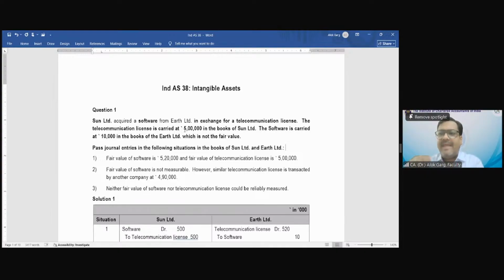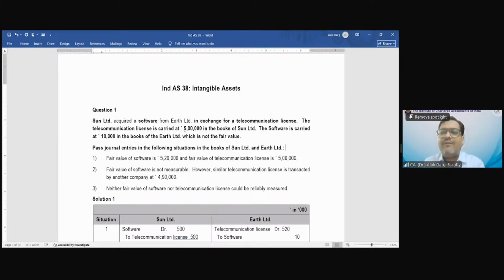So when you pay through a telecom license, you measure the acquired asset at the fair value of the asset given up, because that is the consideration you are paying to buy the asset. So the first priority is the fair value of the asset given up.